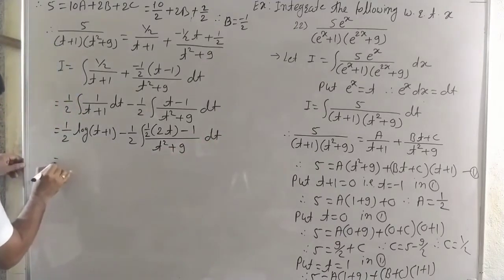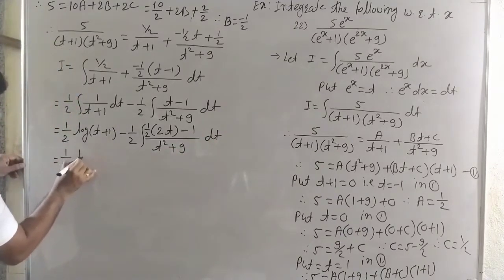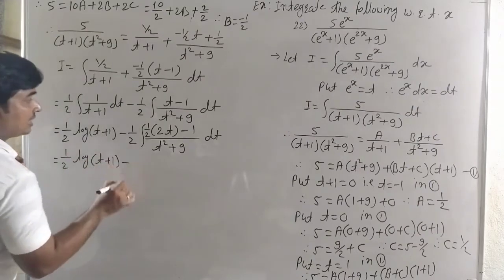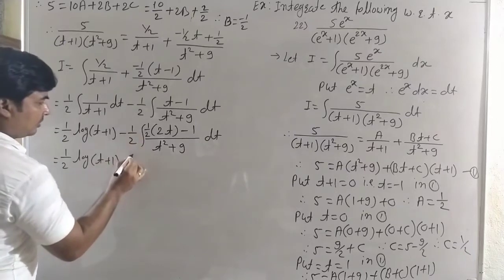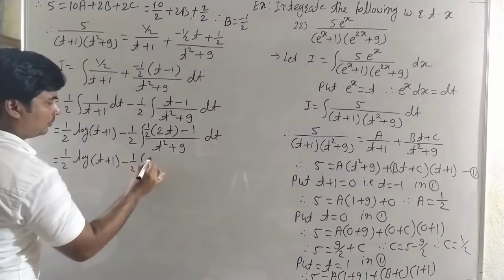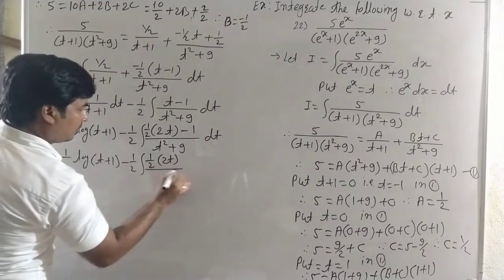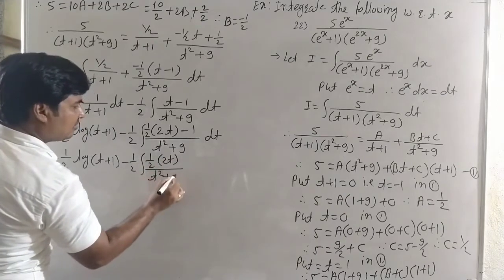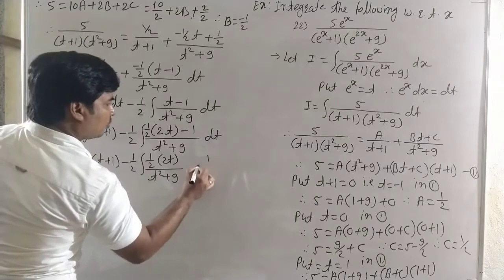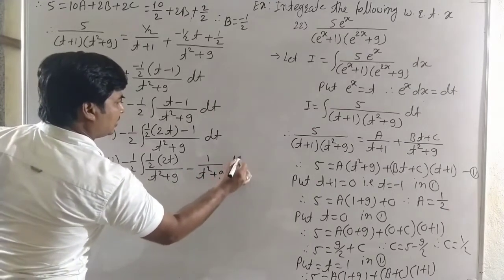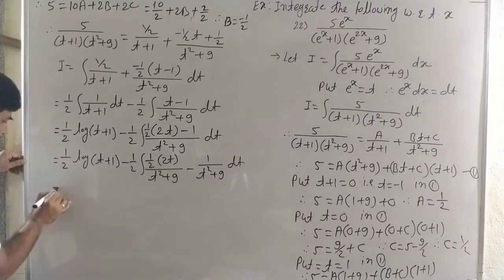Now here 1 by 2 log of t plus 1 as it is, minus 1 by 2 into 1 by 2 into 2t upon t square plus 9 minus 1 upon t square plus 9 dt. Now we can separate these integrals.